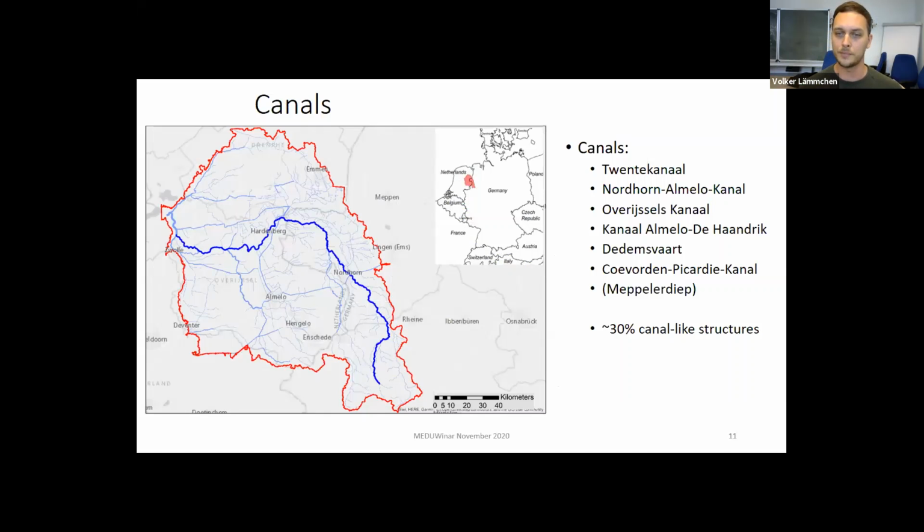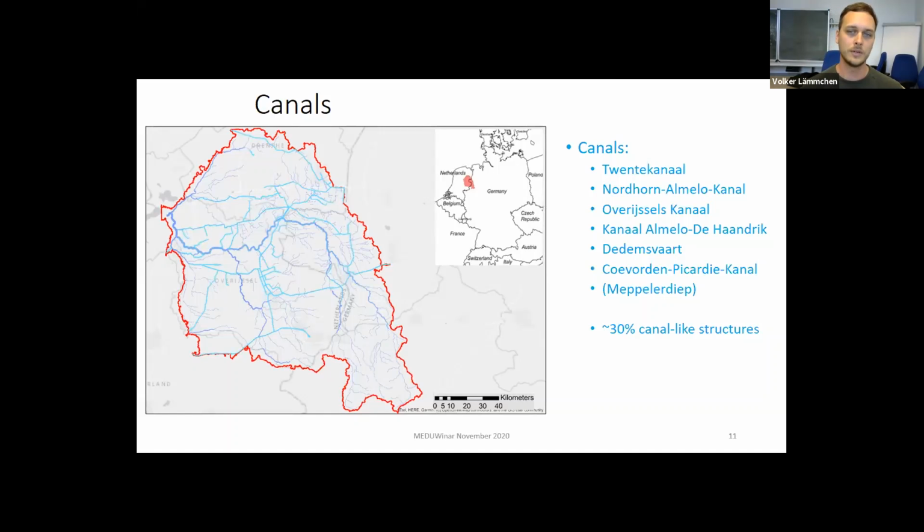In total, we have 30% canal-like structures, where, for example, the Magnetic, which is written in brackets, is a river where it is hard to tell whether it is still a river or already a canal, because they are so artificial that it's hard to call them rivers anymore. And when I mark them in the map in light blue, you can see how many canal structures we have. This means that we have to handle these canals differently because, for example, in canals, the flow velocity is far lower than in a normal river.